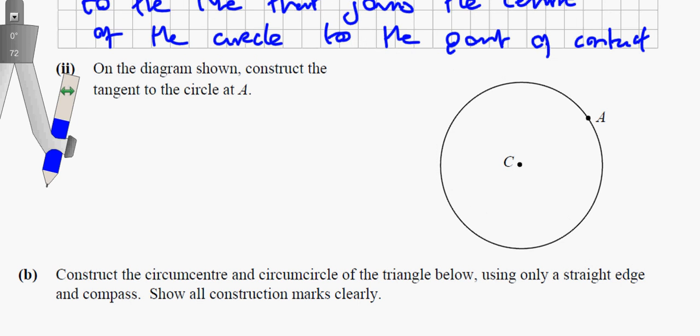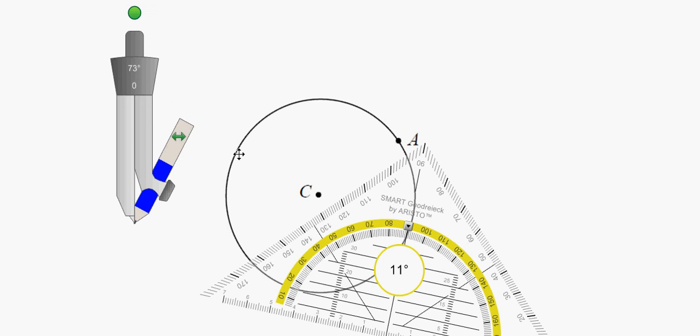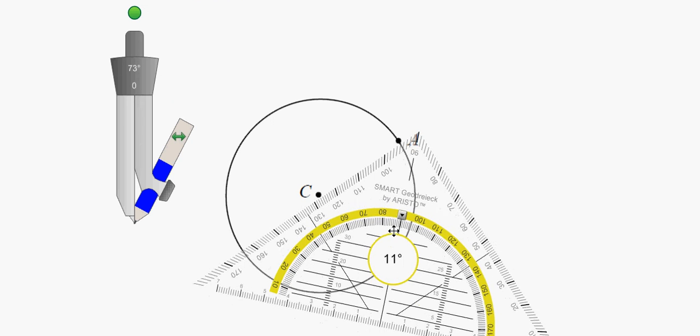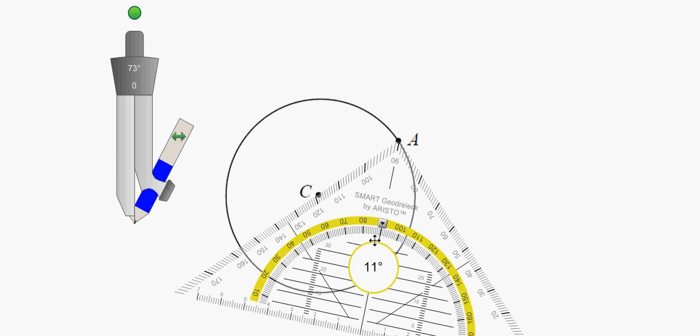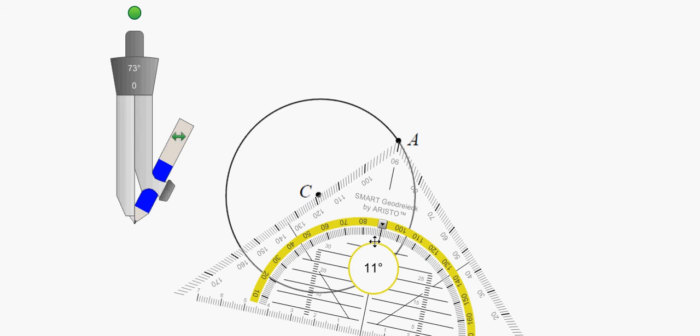So look, there's two ways of going about doing this, okay? I'll show you the first way. The first way is basically you get yourself the set square, and you line it up at 90 degrees. So once you do this, you can make two lines. You can join the center of the circle here to A, and then you can get a 90 degree angle from A onwards, like so.